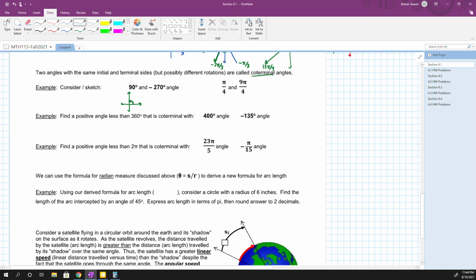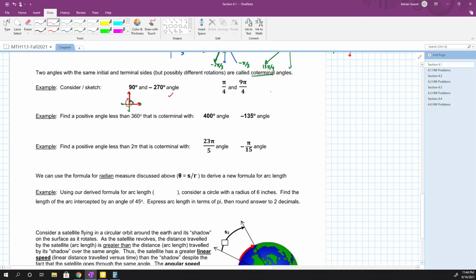Let's come in here and do this. Here's a 90-degree angle. Well, a negative 270-degree angle, that'd be 90, 180, has the same initial side and same terminal side. So those are coterminal angles.